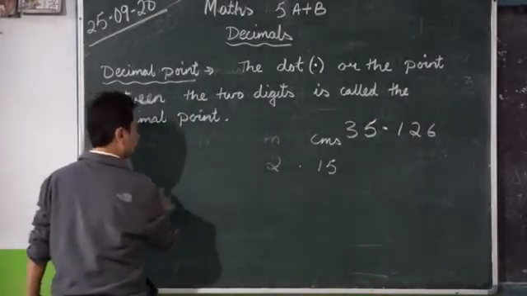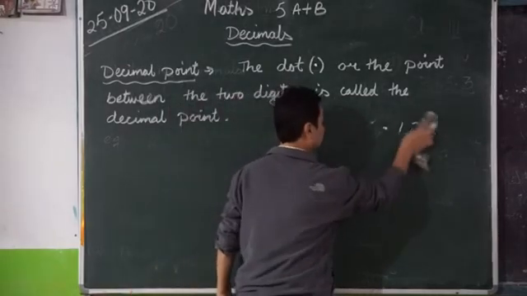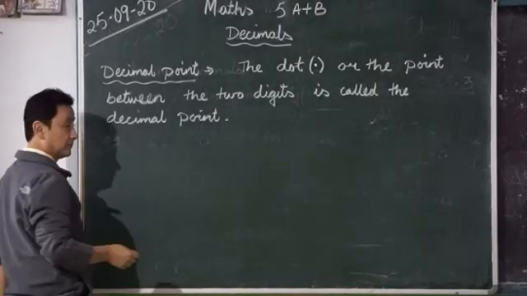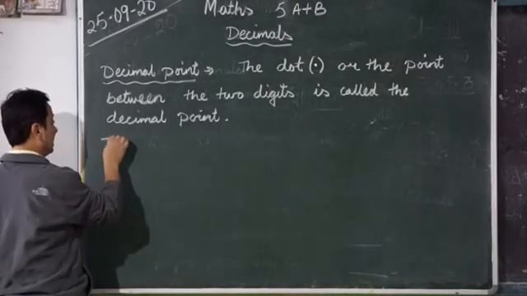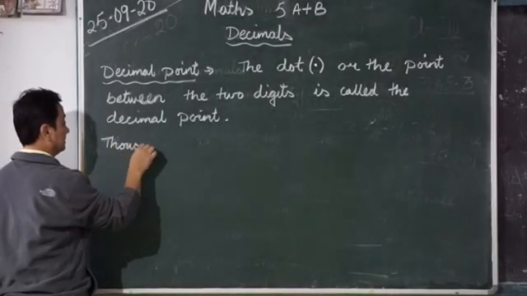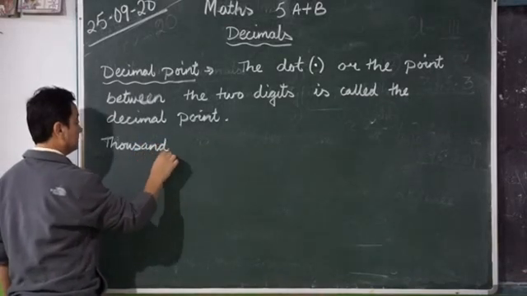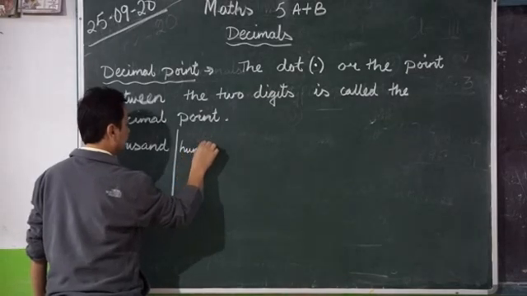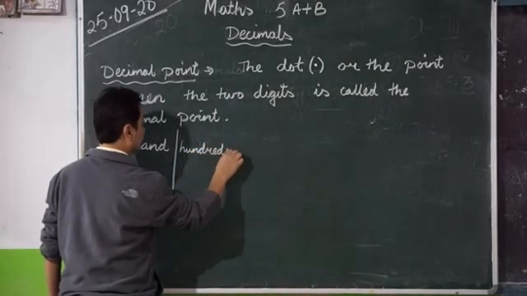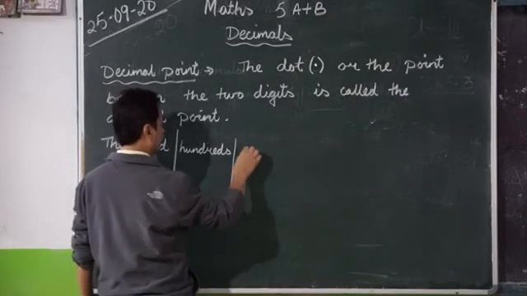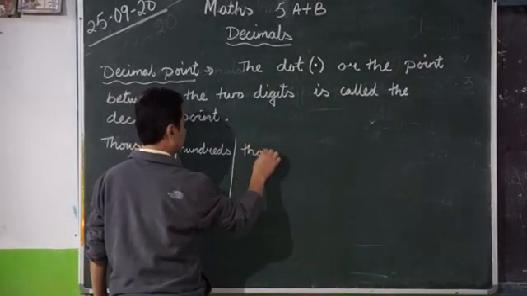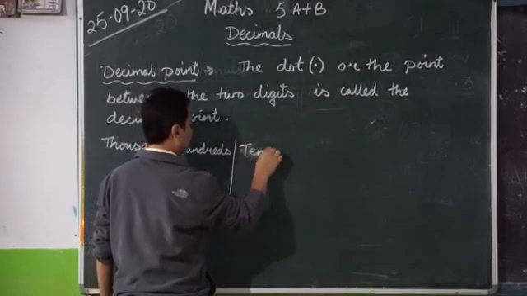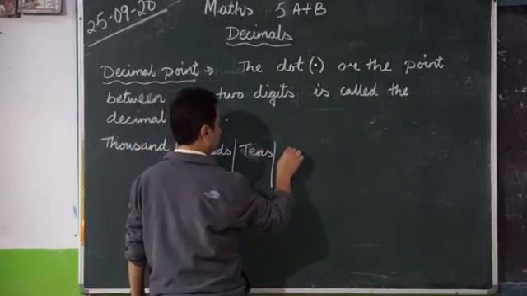So let me just do the place values. Okay? So let's start with thousands. Remember, ones, tens, hundreds, thousands.